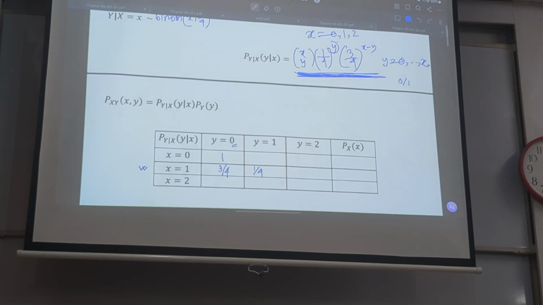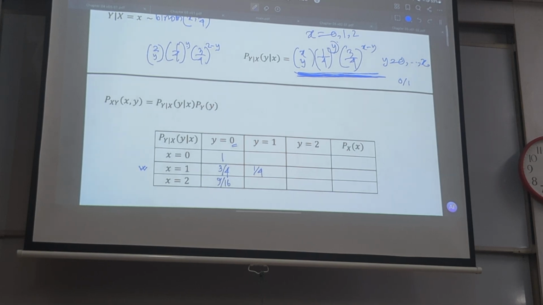Now when x is equal to 2, the values are from here. This will be 2 choose y, (1/4)^y, and (3/4)^(2-y). When y is equal to 0, 2 choose 0 is 1, and it will be 9/16.